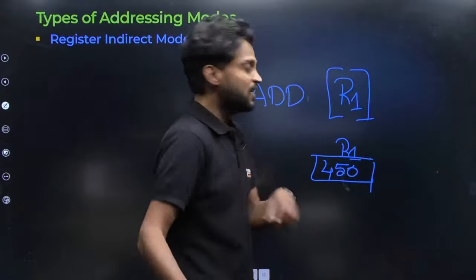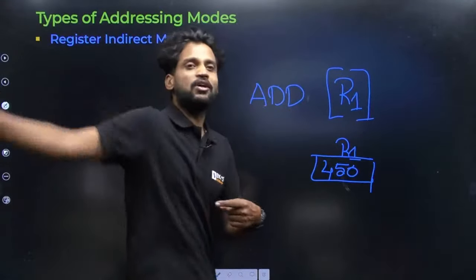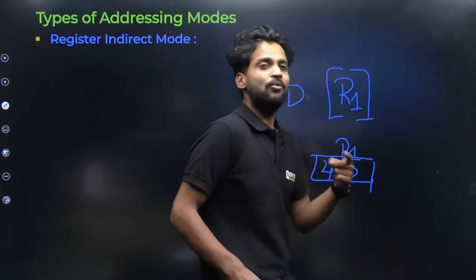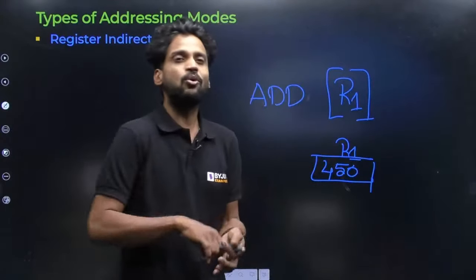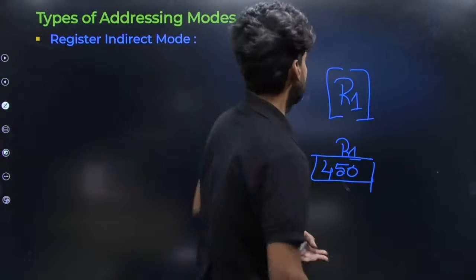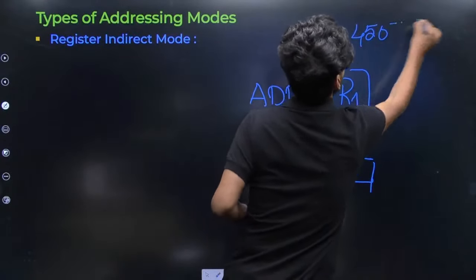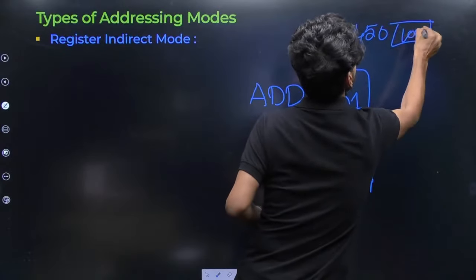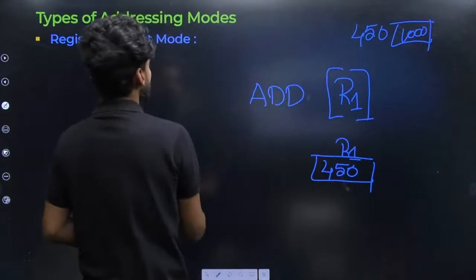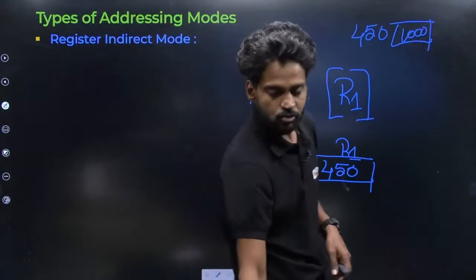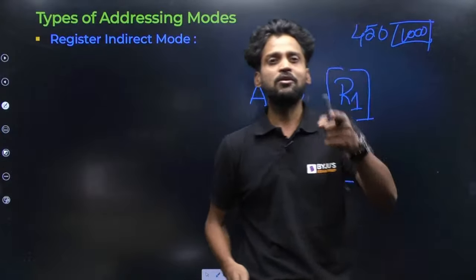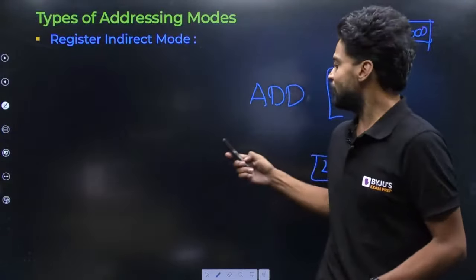In the register direct, the contents of R1 will be added to accumulator. But now, the contents of R1 is only going to show a memory address. So by taking this, we need to go to the main memory, collect whatever the value is, and add it to the accumulator. That means accumulator is equal to accumulator plus memory of R1.